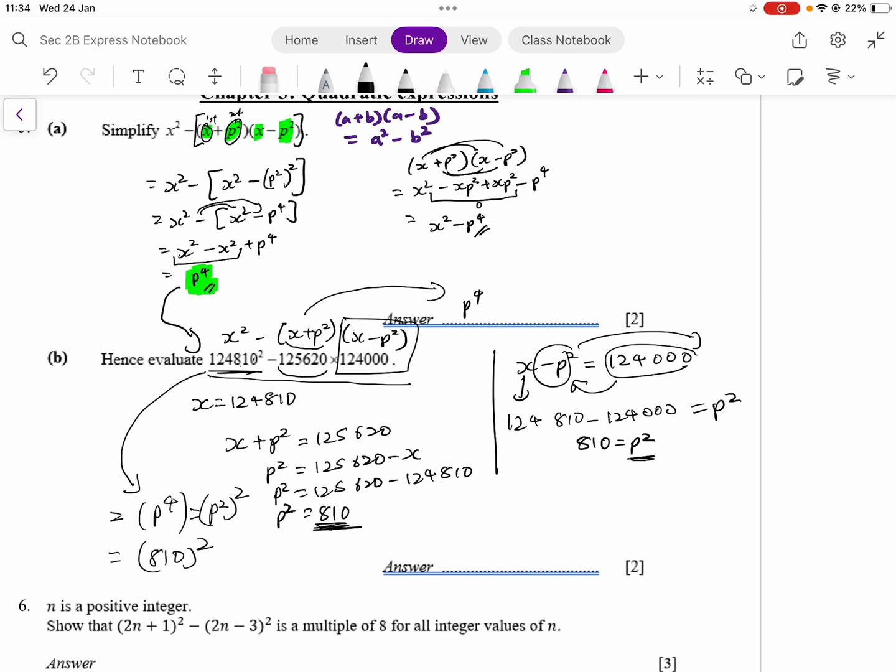Right, so likewise, since p squared is 810, my answer to here should be 810 squared. 810 squared will give me 656,100.